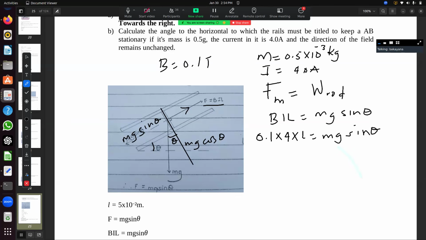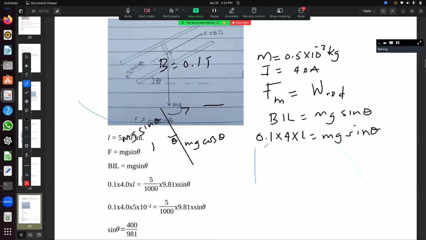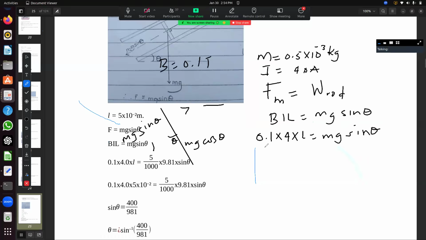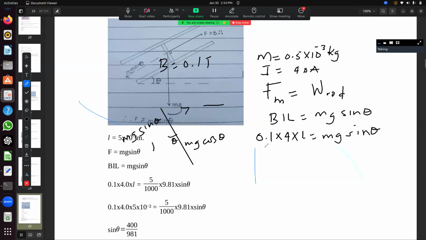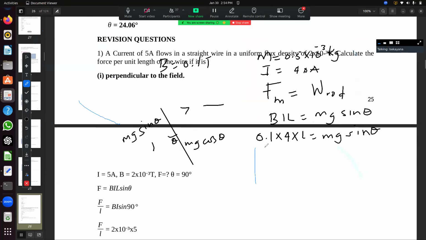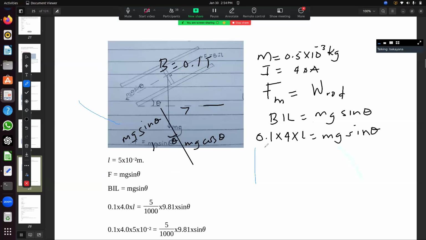I'm checking if in the question I gave the length. Did I give the length 5 times 10? Okay, we put it here.